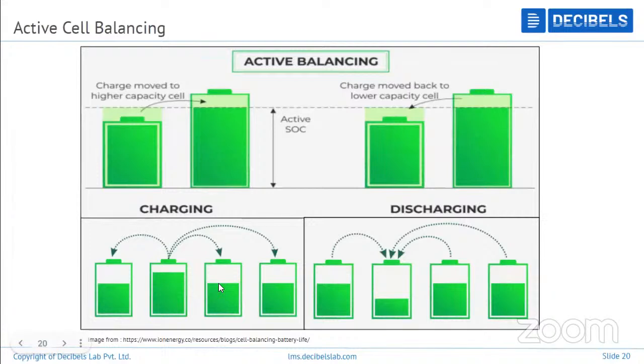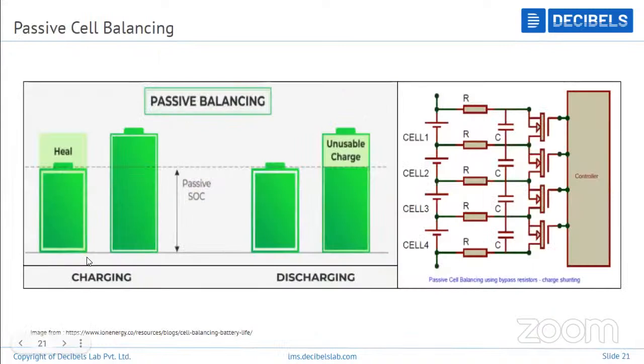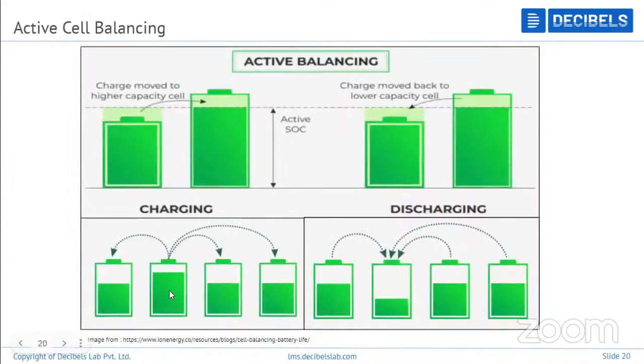every bit of energy which is present. There is no wastage of energy. There is no excess heat in the BMS or the battery pack while balancing either. But the disadvantage here is that it's complicated. This is where battery algorithm engineers play a vital role. When you design the BMS, you make sure that all the calculations for the right amount of energy to be distributed among all cells are done.